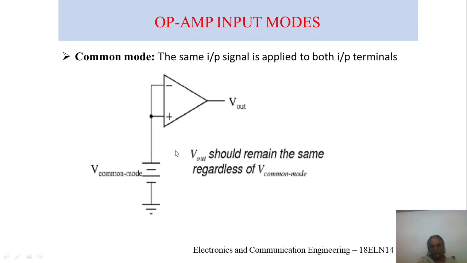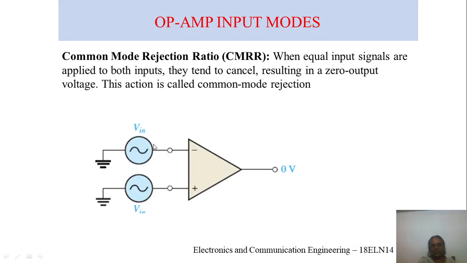Hope I am very clear what a common mode is. Common mode means shorting the inverting and non-inverting terminals. The common wire has to be connected to the positive polarity of this voltage and negative is grounded.